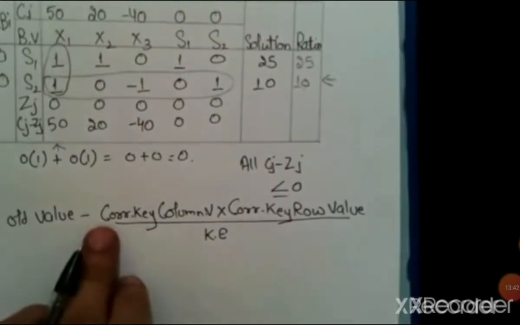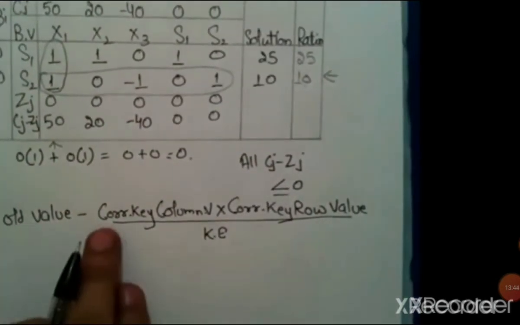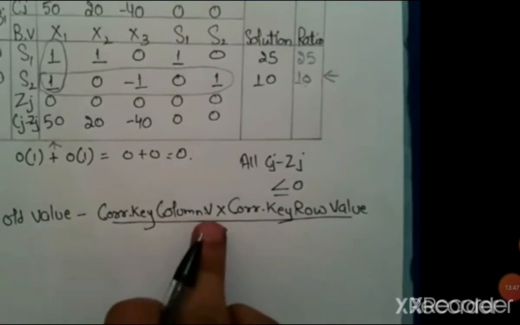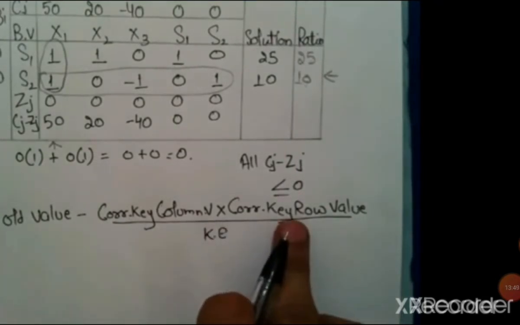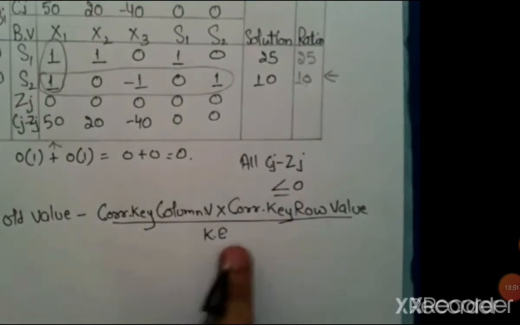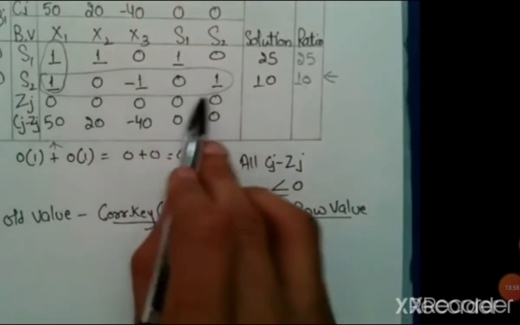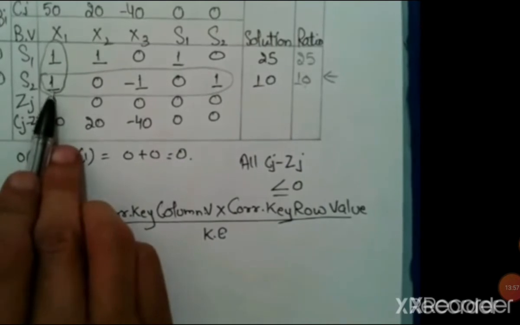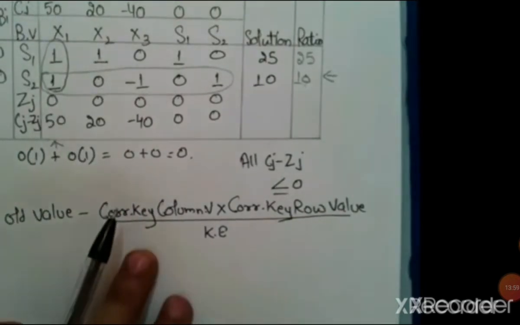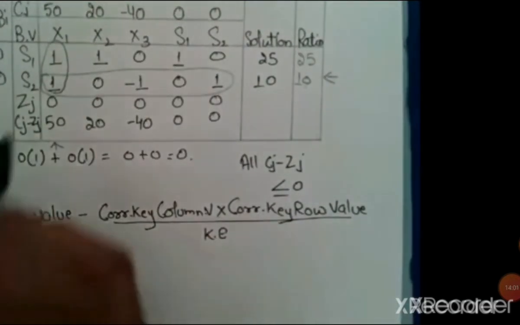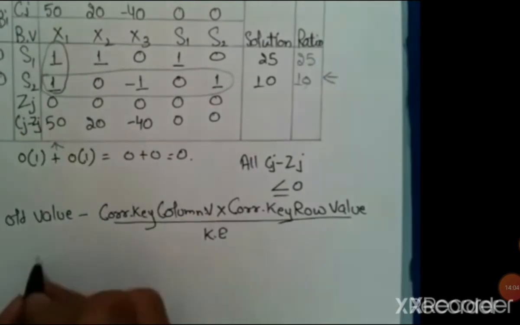So what about the remaining rows? The S1 row has 1, so it should become 0. How to calculate? Old value minus the corresponding key column value times the corresponding key row value divided by the key element.